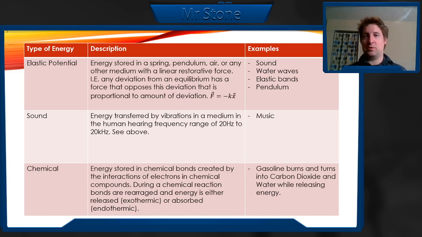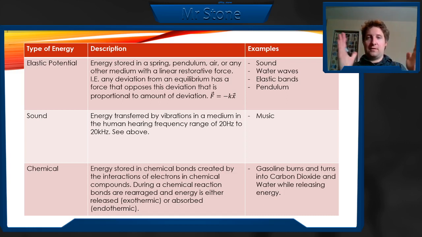And this can be sound, water, elastic bands, anything like that. Anything that produces waves or wants to go back and forth in some way. A specific example of that is sound. Air is a bunch of air molecules. If I push on them, let's say with a speaker or my voice, they compress a little bit, and then they want to go back, so they start wobbling back and forth.